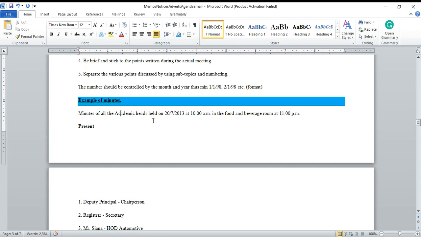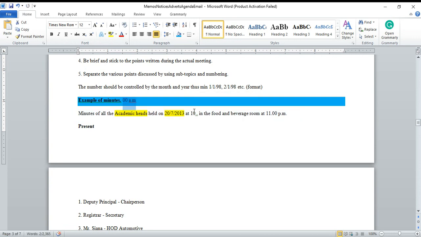Now, it is important that you indicate the title of the minutes, the date, and the time. So you need to indicate the title. You also need to indicate the date, and where the minutes were held. You need to indicate the time the meeting was held.